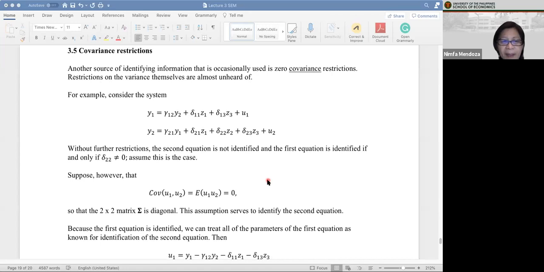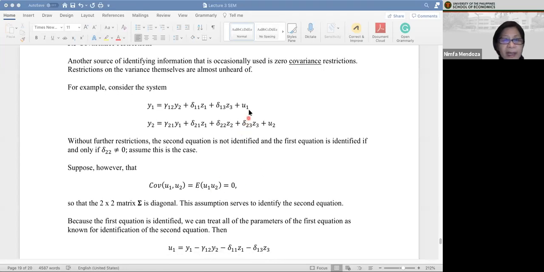Suppose, however, that the covariance of u sub 1 and u sub 2 is equal to 0. Because of the zero conditional mean assumptions, this covariance is just the expected value of u sub 1 u sub 2.